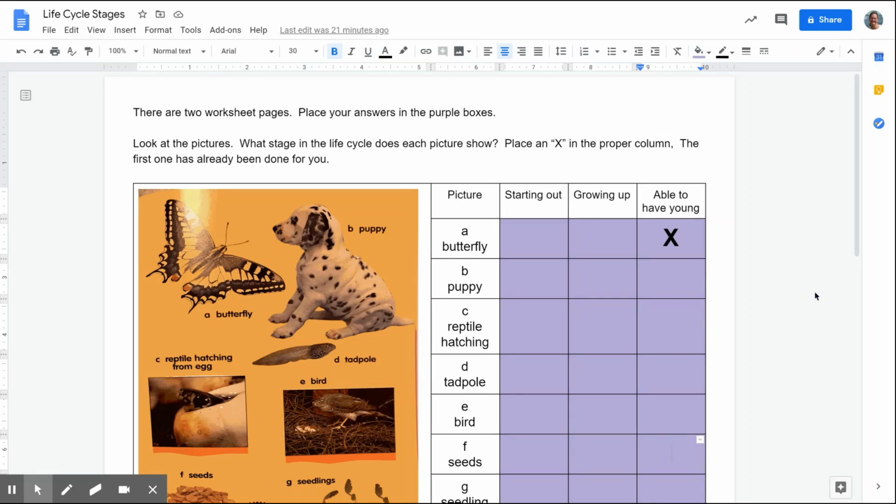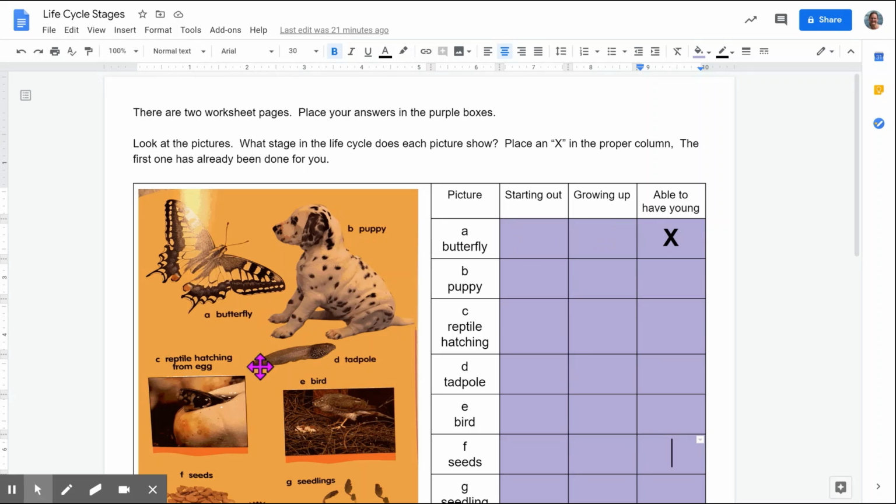So I mentioned that you would work on a Google Doc, and you'll see right here, I'm letting you know there are 2 pages in this worksheet. And I'm asking you to place your answers in the purple boxes. So I marked off what part of the worksheet you should be working on.